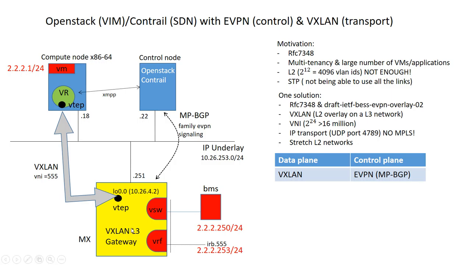So using these two routing instances, we have enabled routing, and also we have extended this network all the way from the virtual world to the physical world. So this concludes this demo, and see you soon. Thank you for watching. Bye bye.